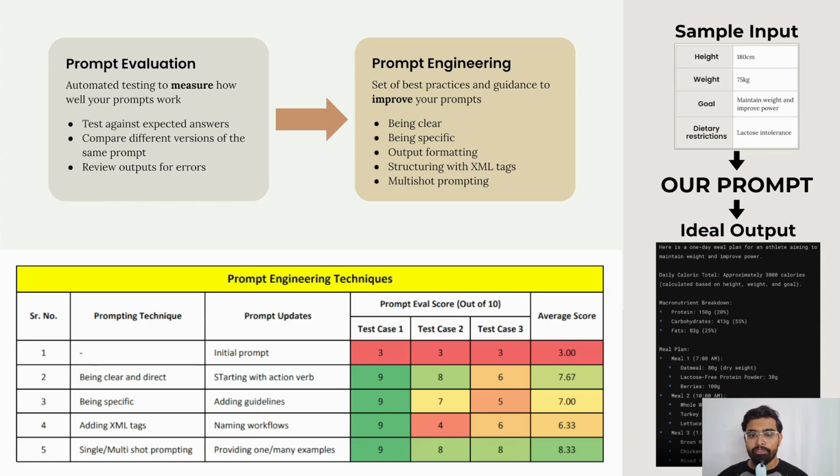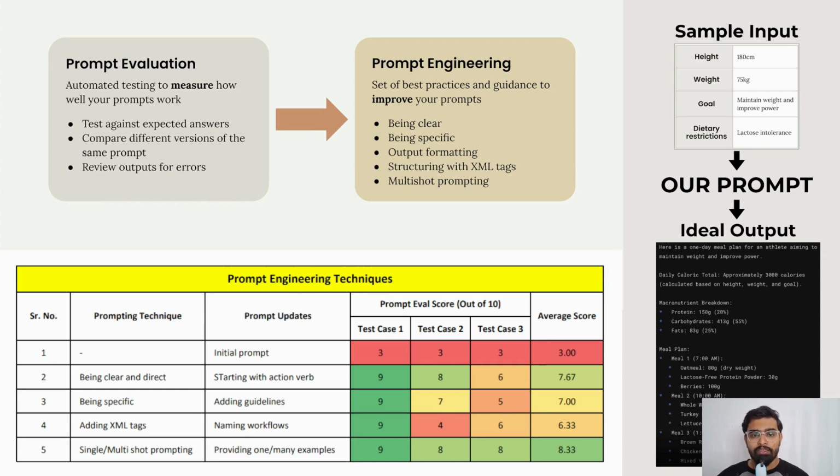But in between, some scores for a specific test case were around 4 or 5, less than 5. That's why, for the first prompt engineering technique, clear and direct output, we got a higher score from the initial prompt. Then scores went down. But for those specific use cases, if you don't implement the prompt engineering techniques, then your output will not be what you intended as the ideal output shown on the right-hand side.